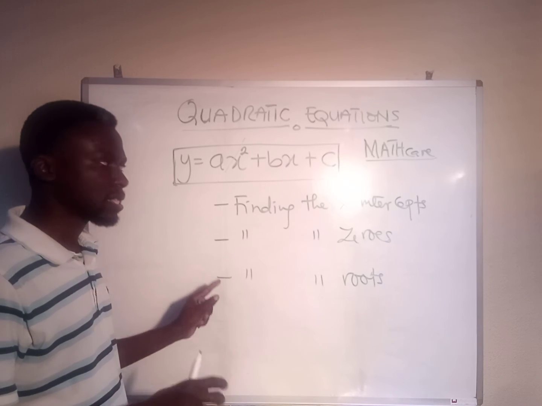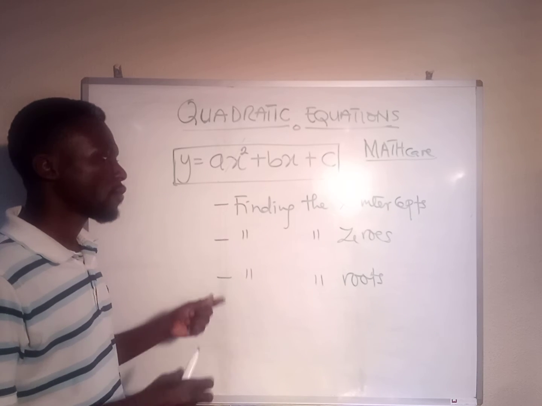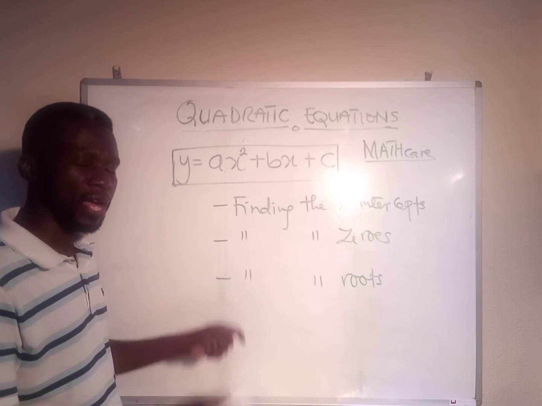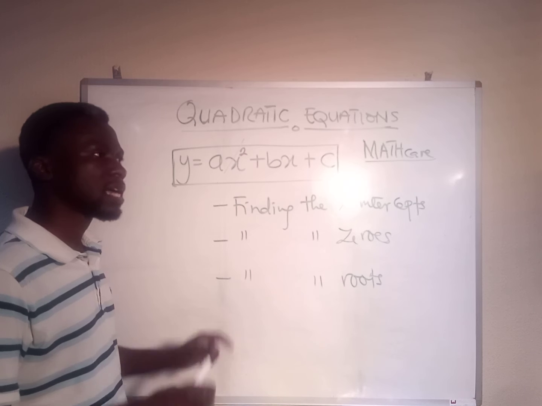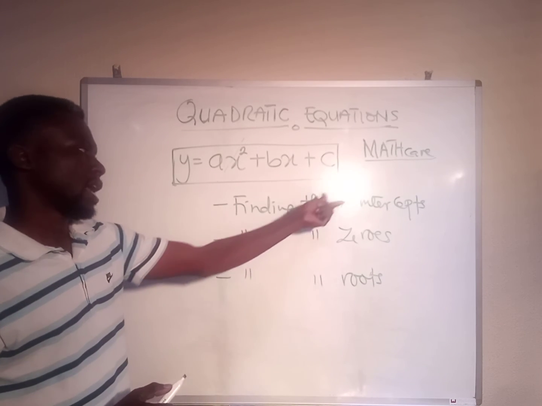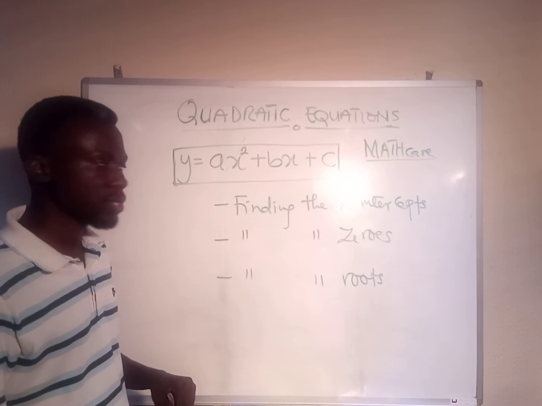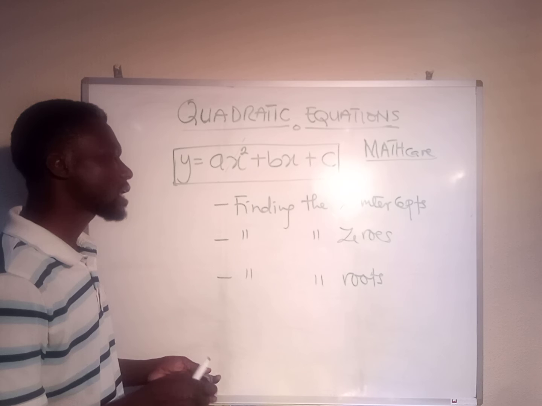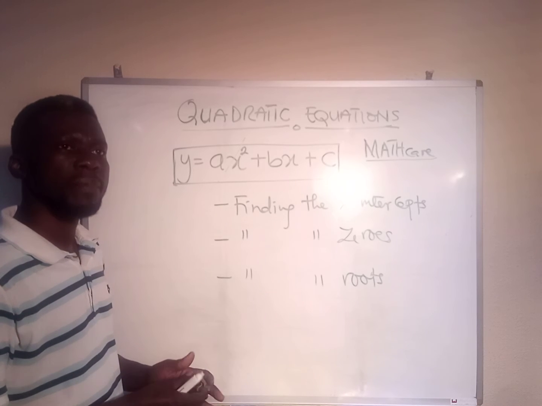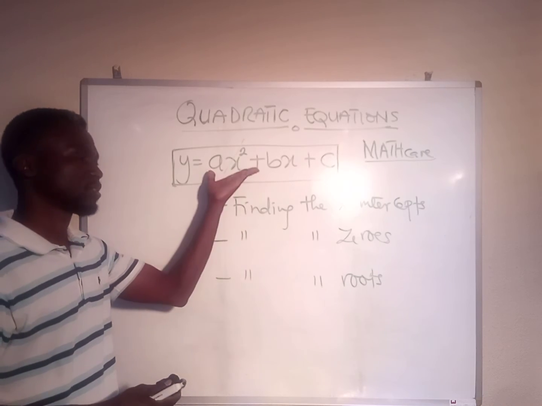In that case, we are saying solving the quadratic equation or finding the values of x, or solving for x. How do we do that? It means there are certain methods that are used in computing the x-intercepts, the zeros, the roots, or solving for x in a quadratic equation. So now what we are going to look at is the various methods used in solving a quadratic equation.